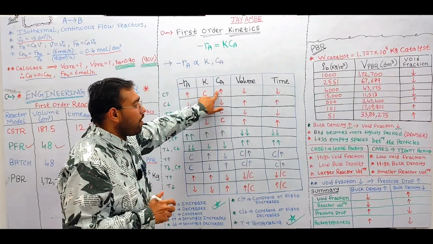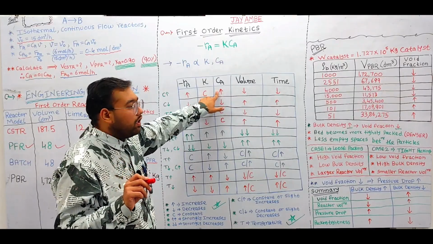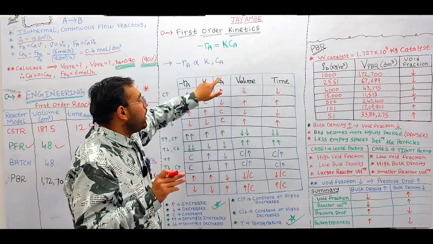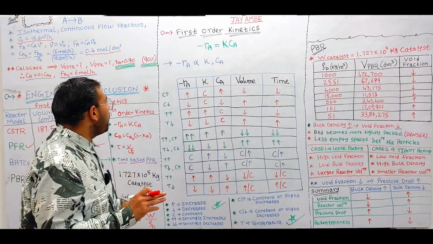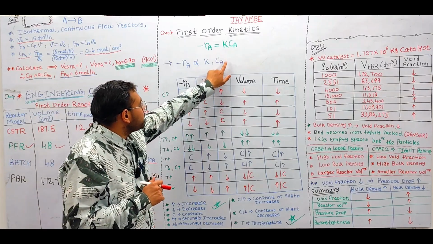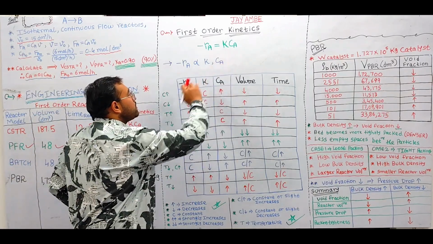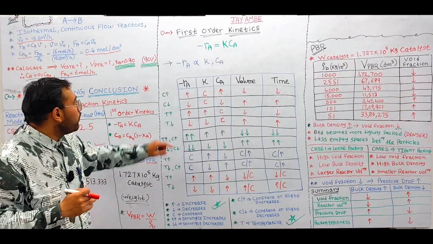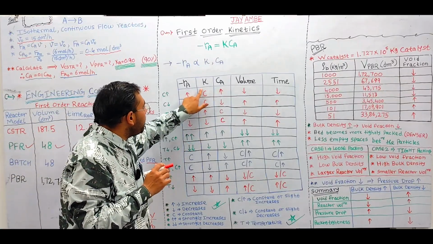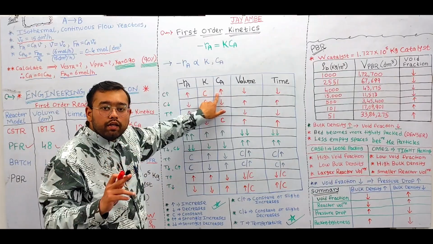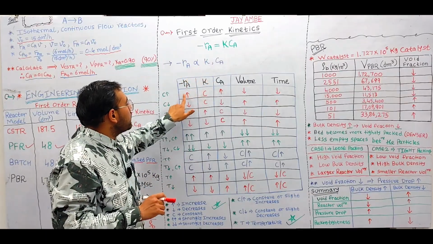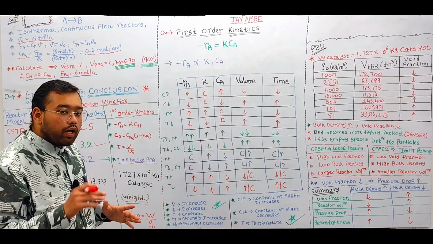Due to first order reaction kinetics, where the rate law is minus Ra is equal to Kca, we have direct proportionality between the reaction rate and the concentration. So if we increase the concentration, the reaction rate will also increase due to the direct proportionality. I hope you have understood.